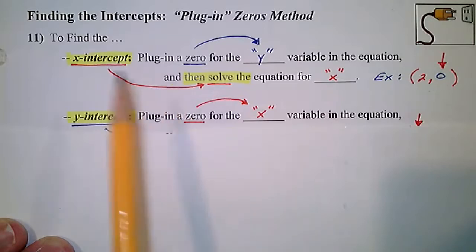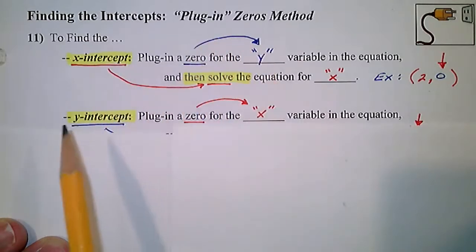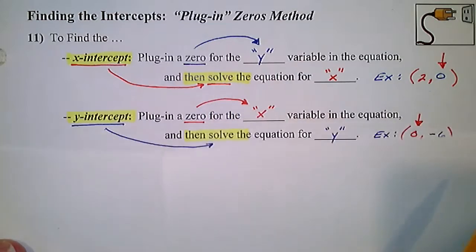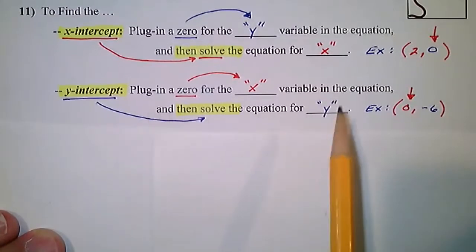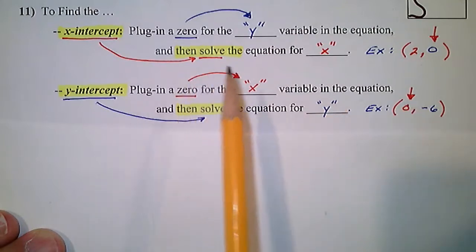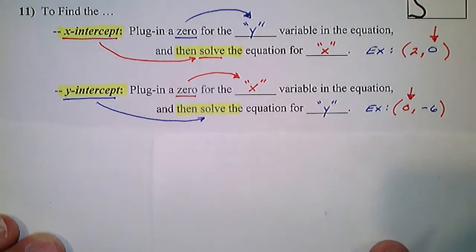So x-intercept, we put a 0 into the y. If I want the y-intercept, I put a 0 into the x, and then I solve. When I solve my equation, all I want left is a y. So here's an example. I want to put a 0 into the x value right there, okay?